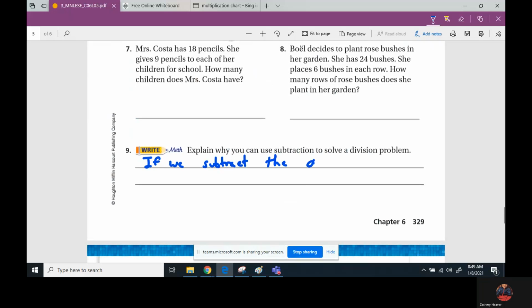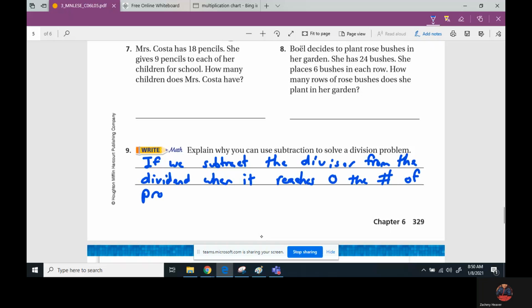If we subtract the divisor from the dividend, when it reaches 0, the number of problems is the quotient.